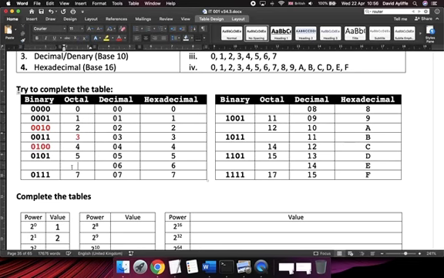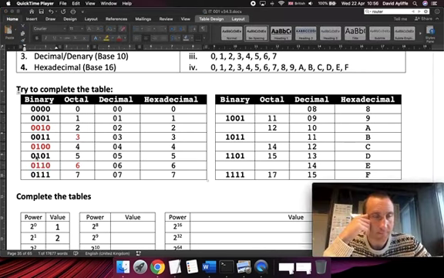Now 6. This is 5 and this is 7, so 6 must be 0, 1, 1, 0. It must be logical. So we can infer that this digit here means 4, this digit means 1, and we can have a very strong guess that this digit means 2.